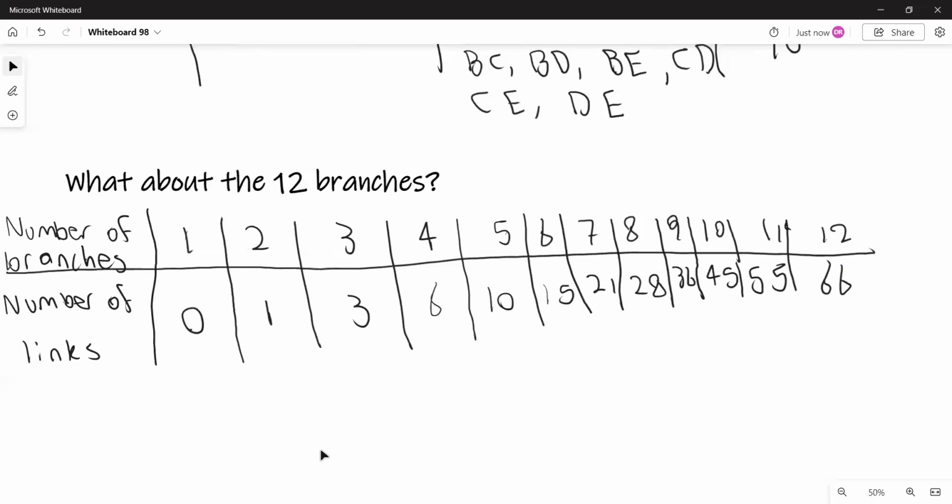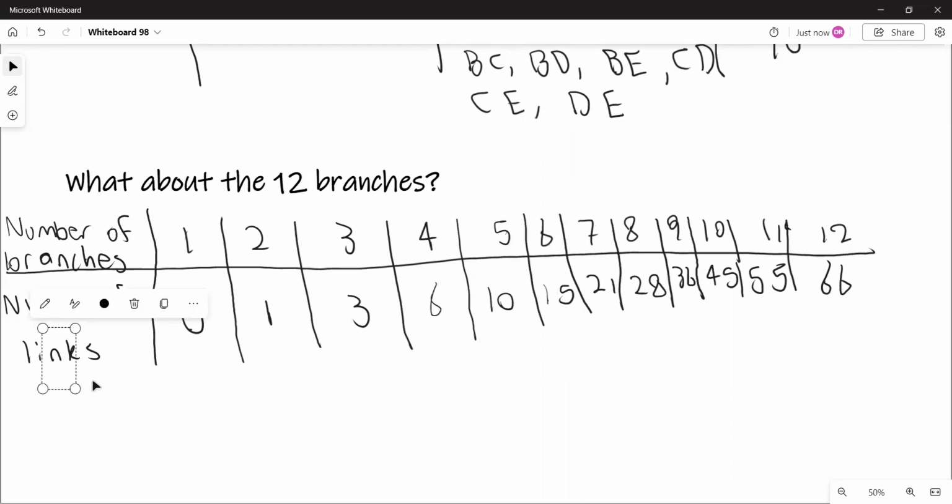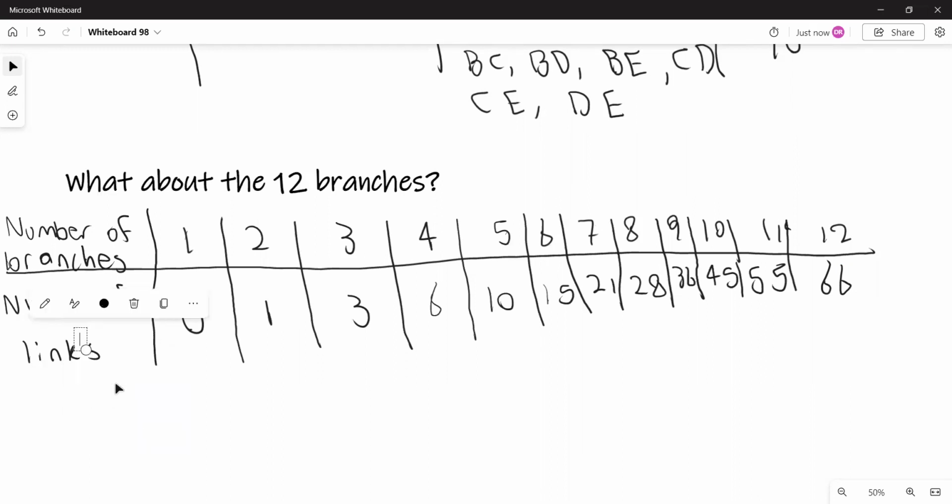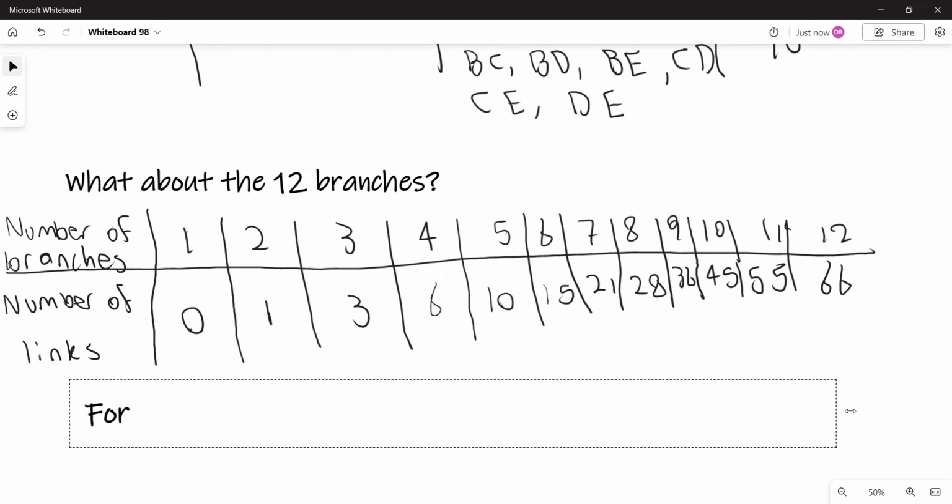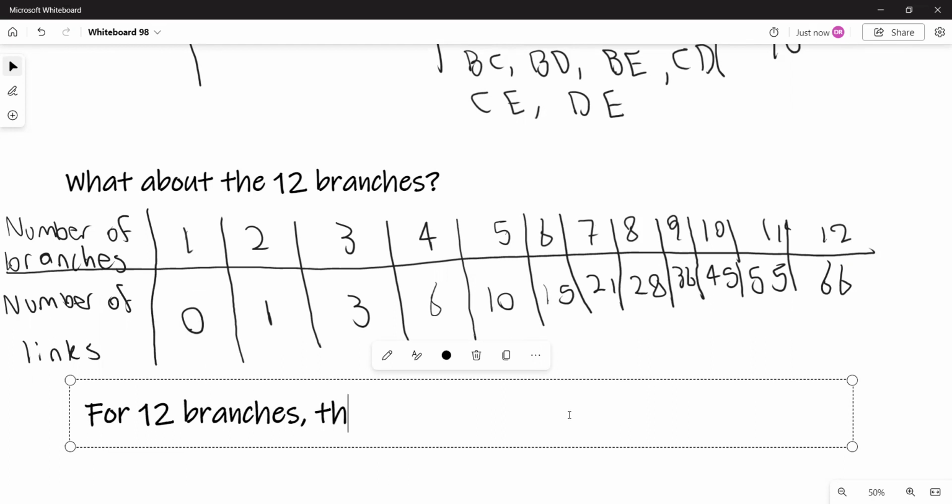At the end, for the 12 branches, there will be 66 links. So for 12 branches, there will be 66 links.